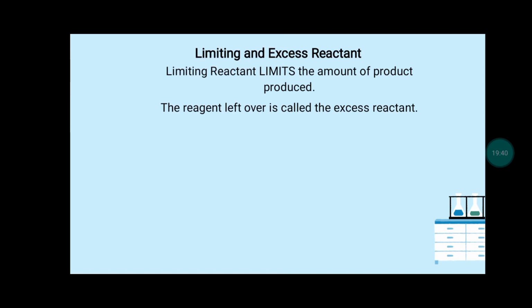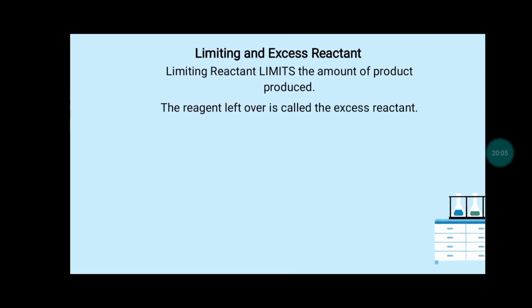So, yung limiting reactant natin or yung limiting reagent natin, this is the one that runs out first, which makes reaction further impossible. So, hindi na magpro-proceed yung reaction kasi naubos na nga yung isa. And then, the other reagent will then be said to be excess because there will be some leftovers.